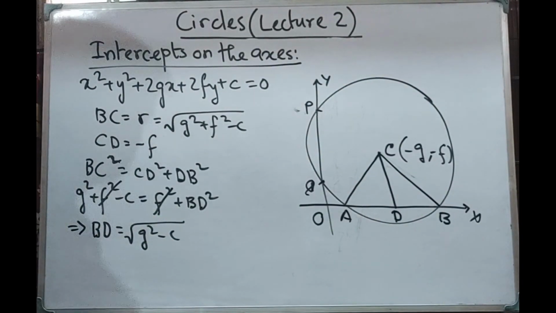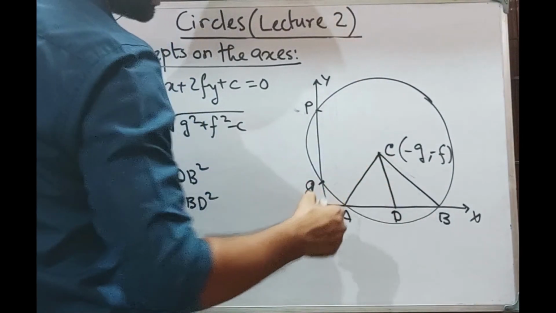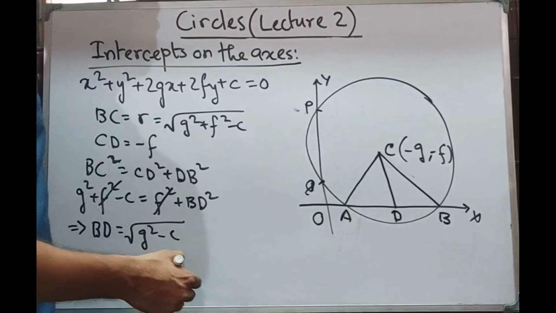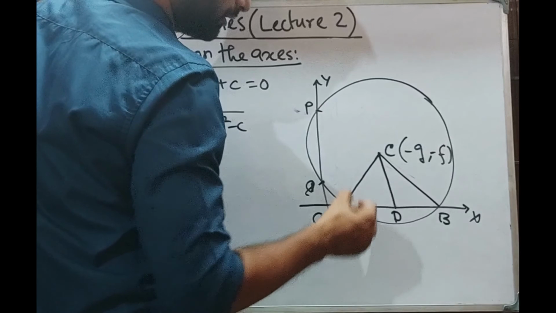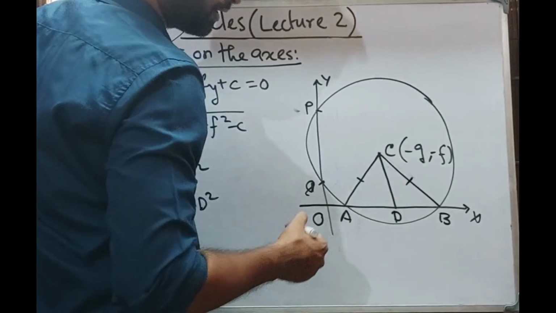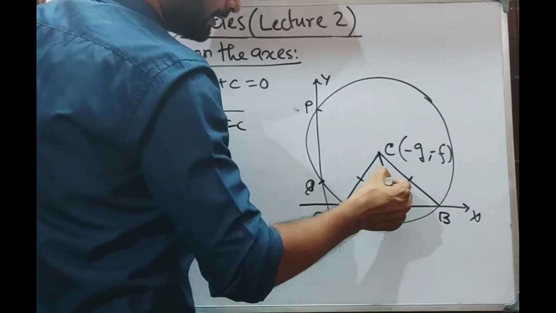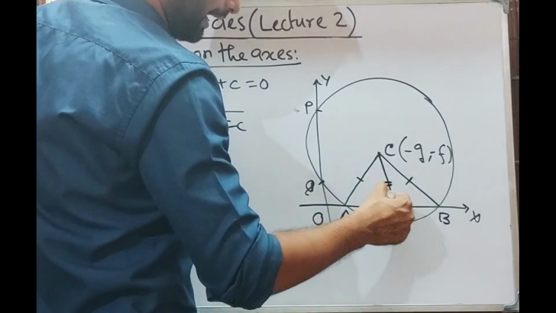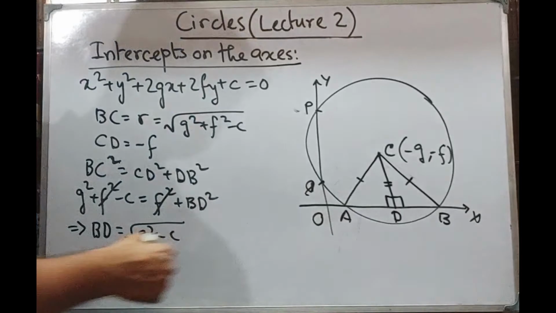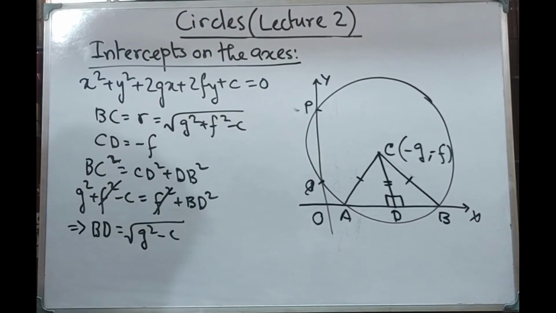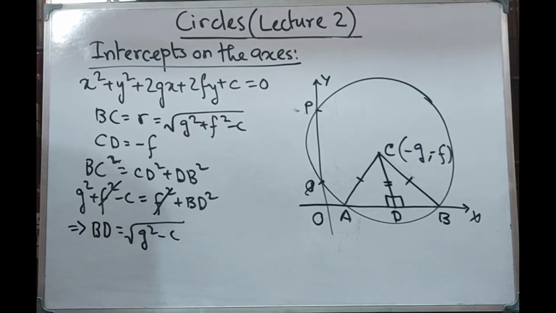And also we can see that these triangles CDA and CDB will be congruent to each other, because CA and CB are the same, they are the radius of the circle. CD is a common side, and these two angles are right angles. So clearly the two triangles CDA and CDB are congruent to each other.